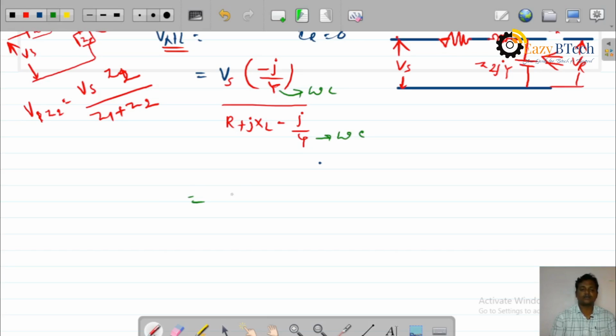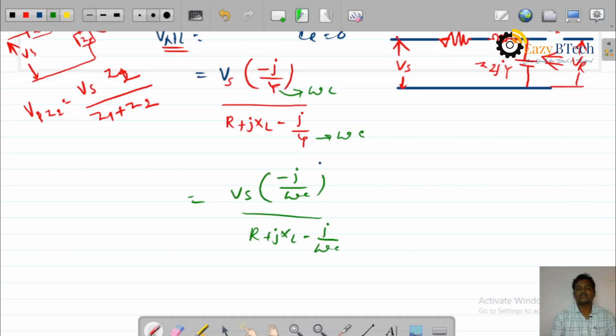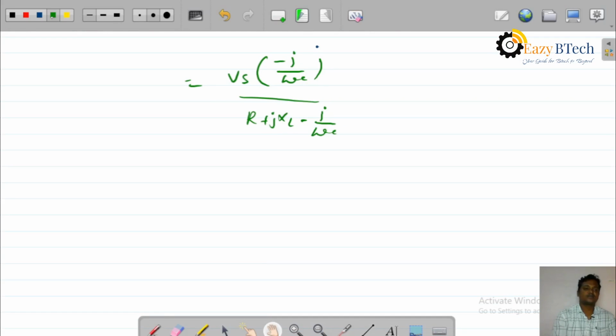The formula becomes VS into minus J by omega C divided by R plus JXL minus J by omega C. Okay, this is the way we calculate the no load voltage. After calculating the no load voltage, we will get the regulation.